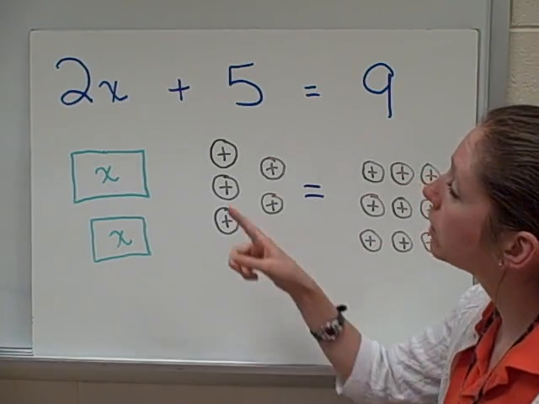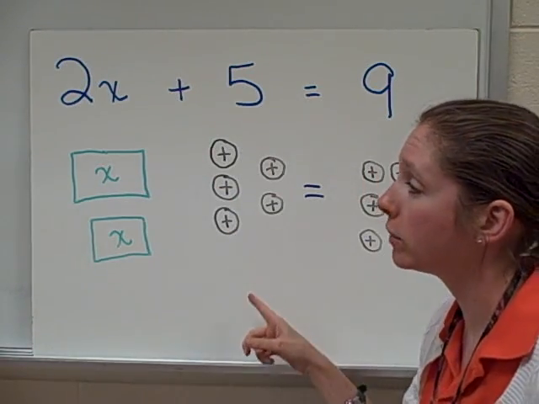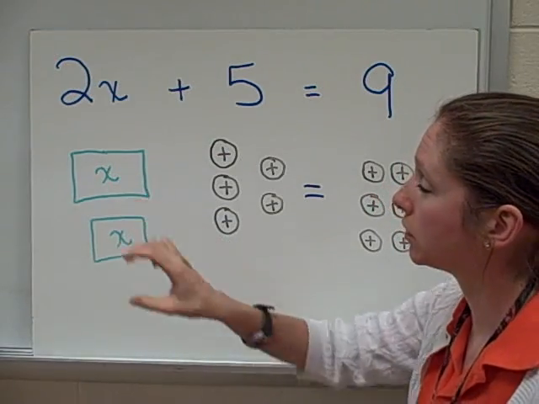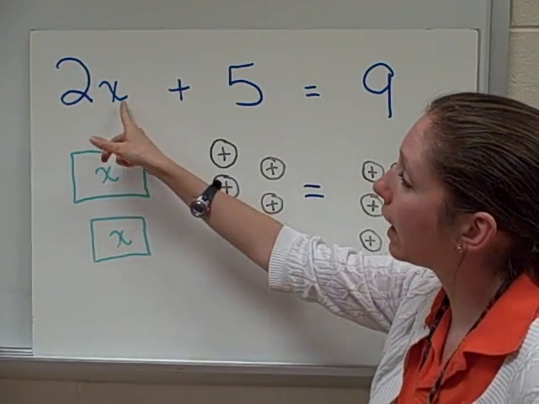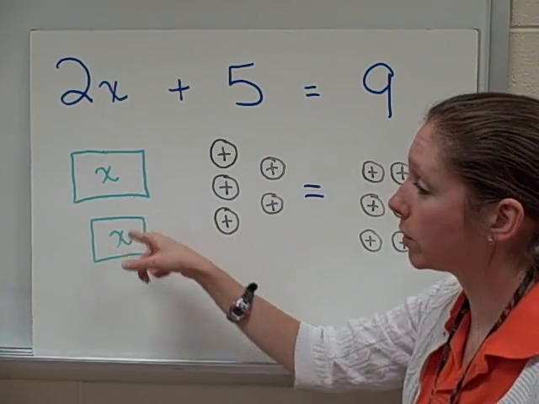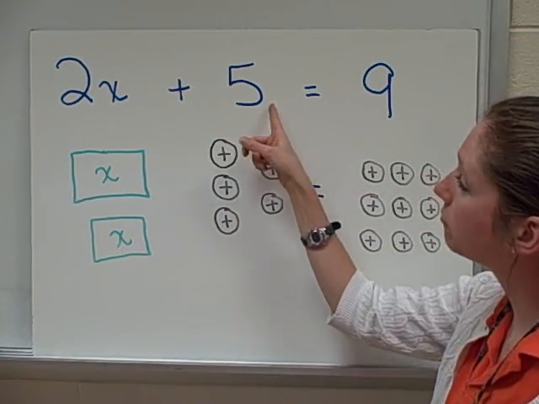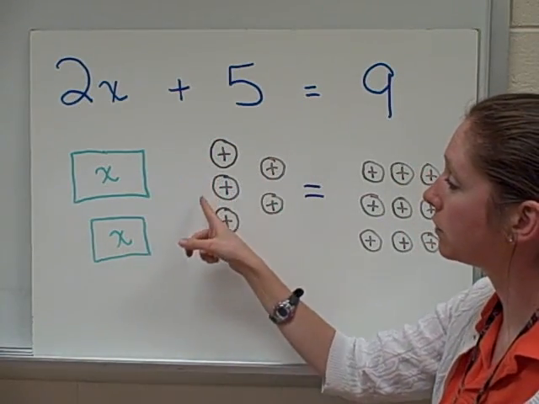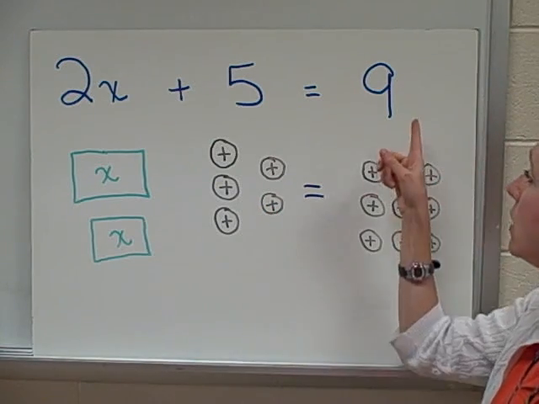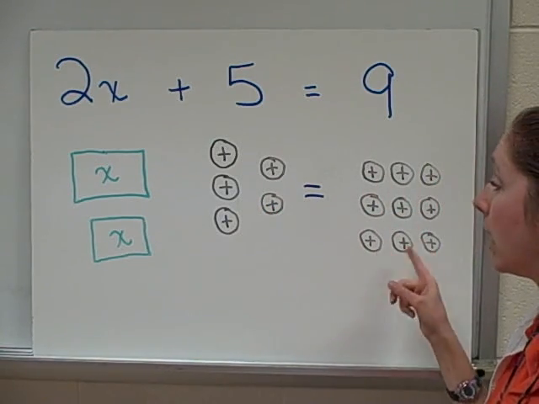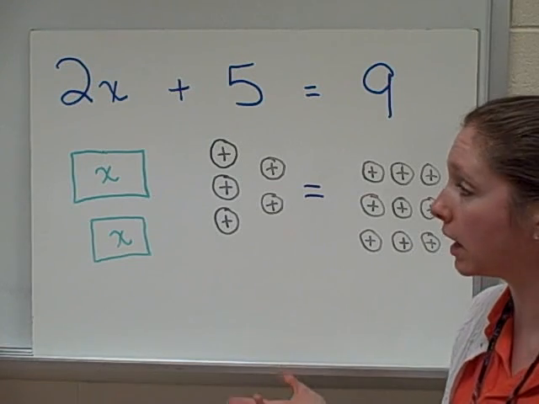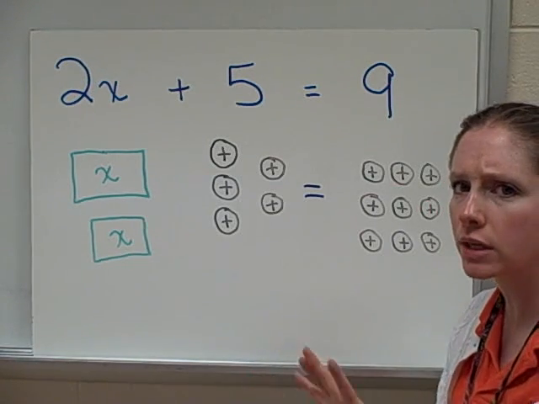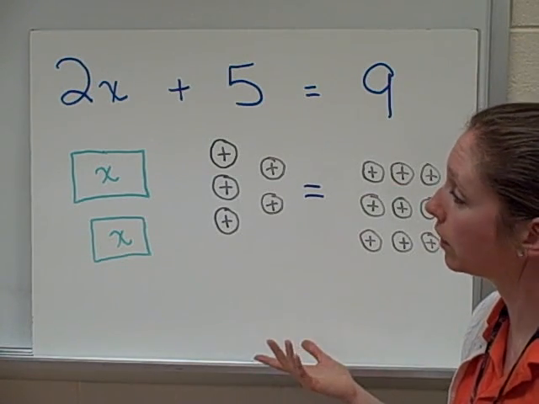Okay? So here's our equation represented by chips and also some boxes or algebra tiles. So 2x, and each box represents 1x, 5 positive, so I've got 5 black chips, equals 9. Notice that I also have 9 black chips for positive 9. So I'm going to think about using my chips to help me solve this equation.